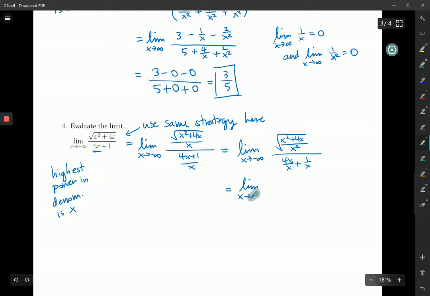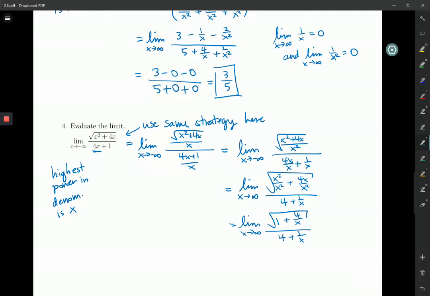Okay, so now we're going to split this fraction in the numerator. And we get 4 plus 1 over x in the denominator. And if we simplify a bit more, we get 1 plus 4 over x inside the square root.